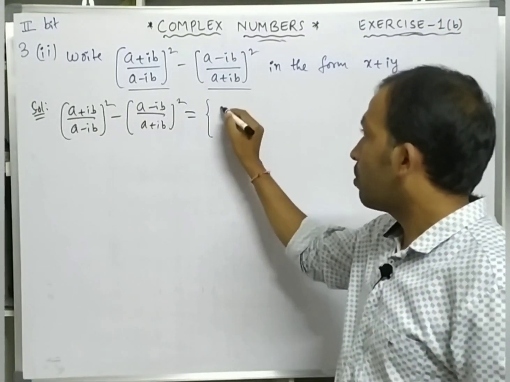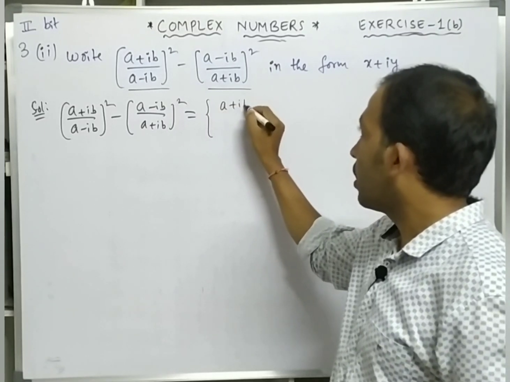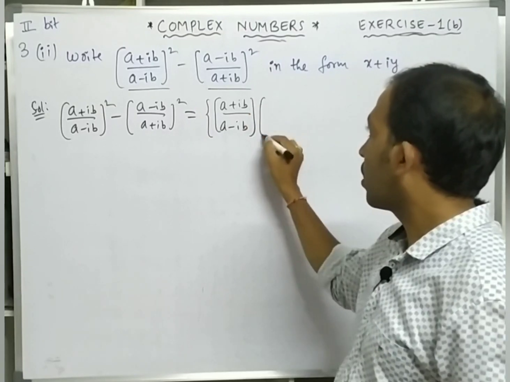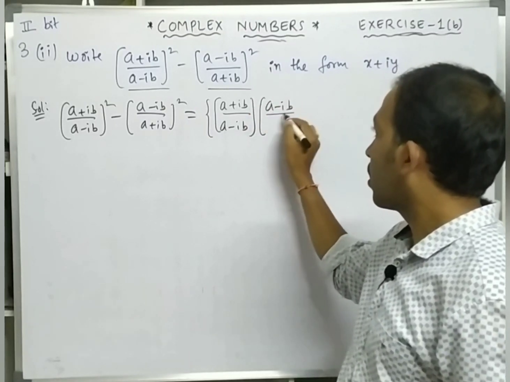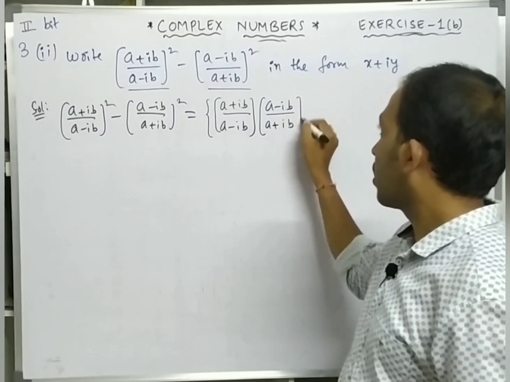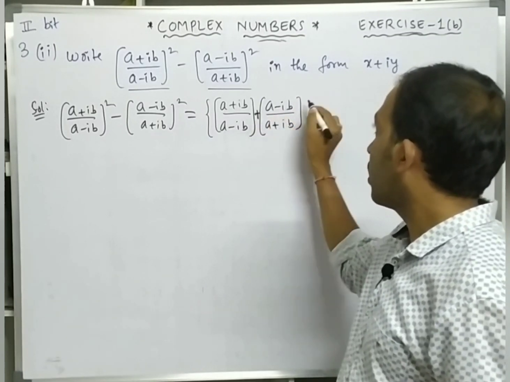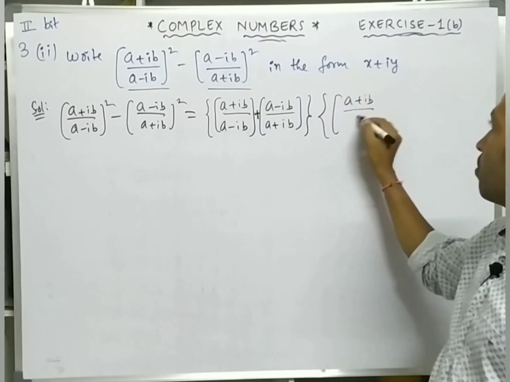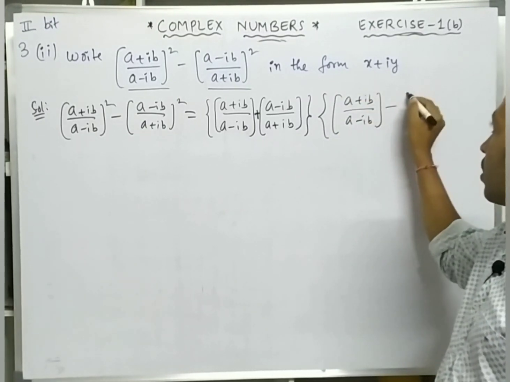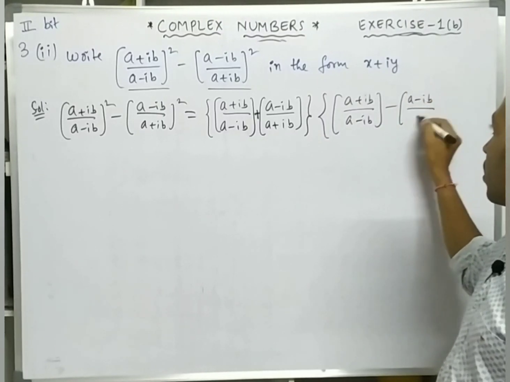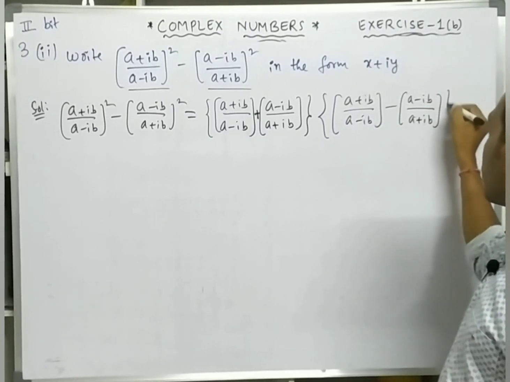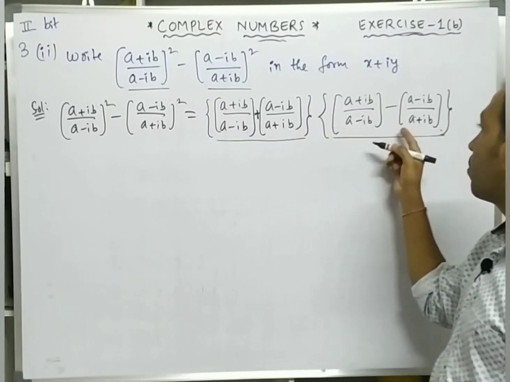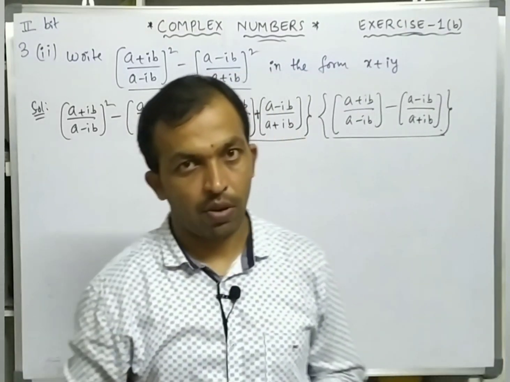So this can be written as a plus b into a minus b, and a plus b into a minus b is equal to a square minus b square.